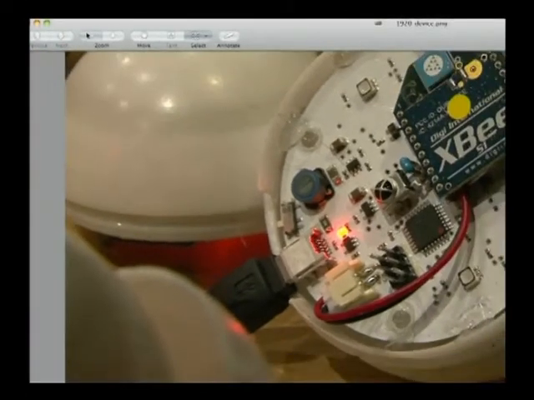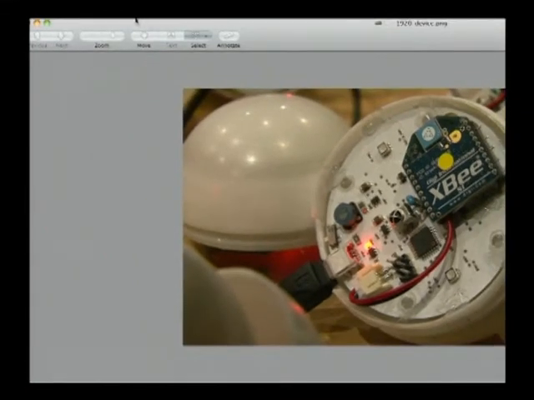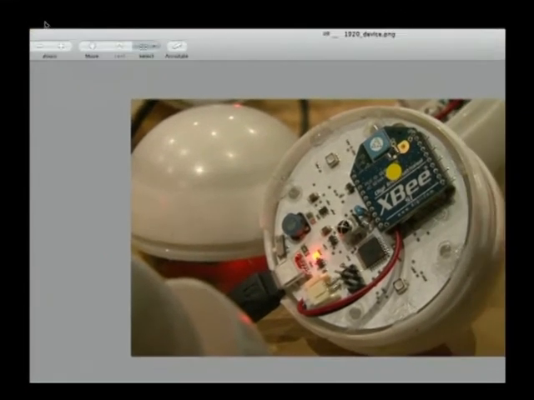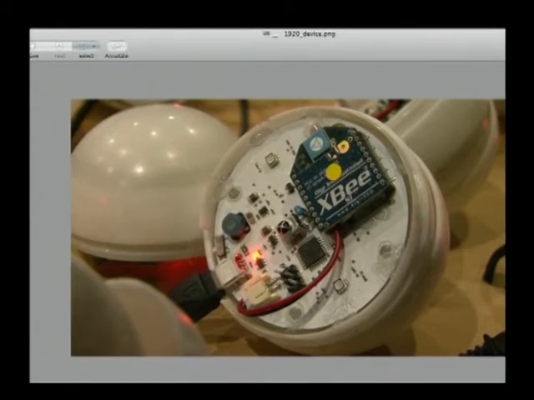Okay, so let's explain the technical part. This is a ball, and there is a circuit inside it. It has batteries and microcontrollers and a Cross-B and 4 LEDs.